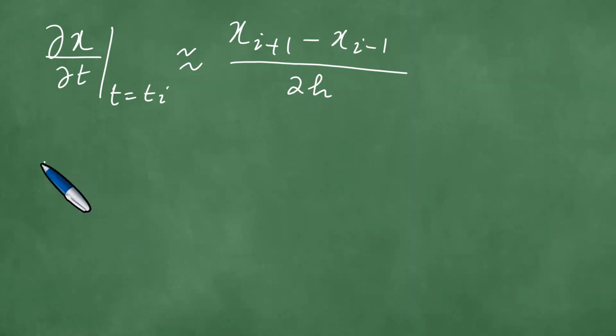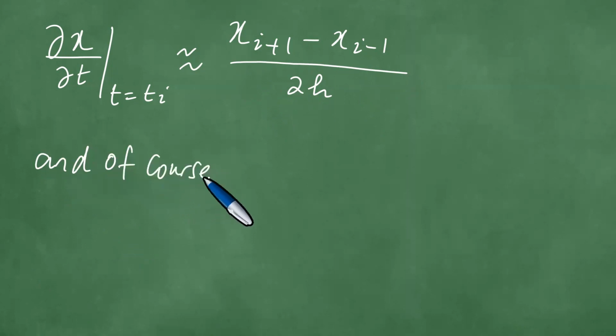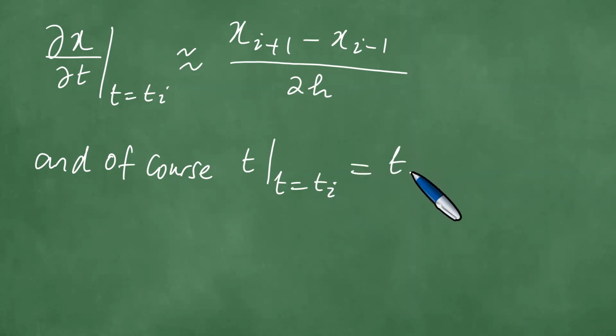And of course, if we evaluate t at t equals t sub i, the result is t sub i. So we note these.